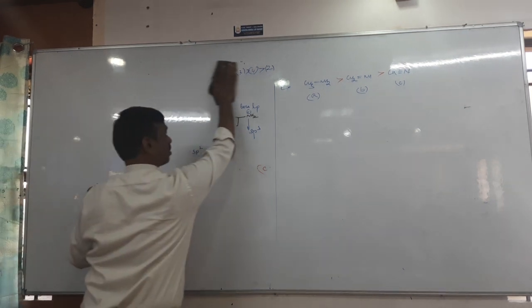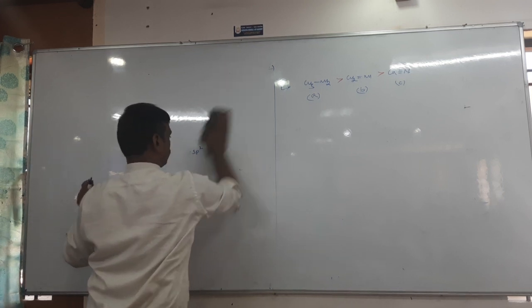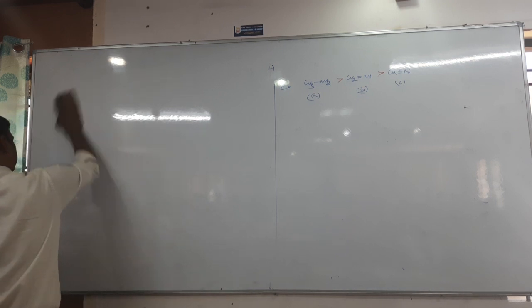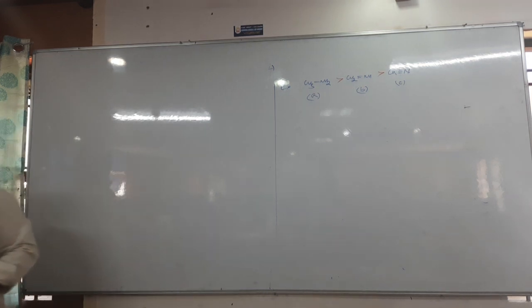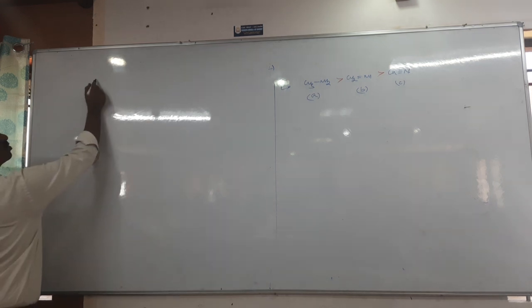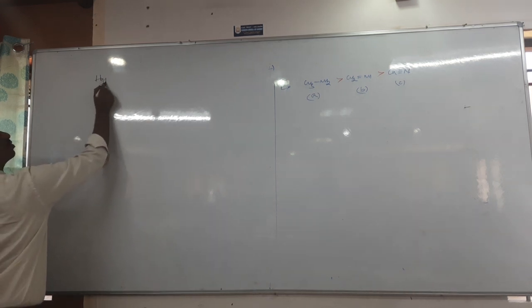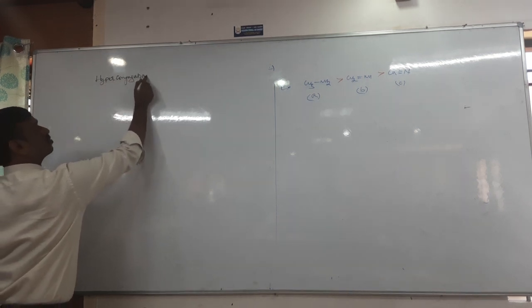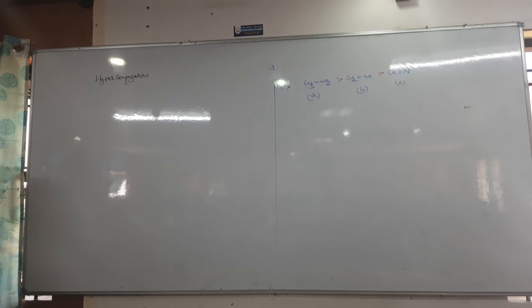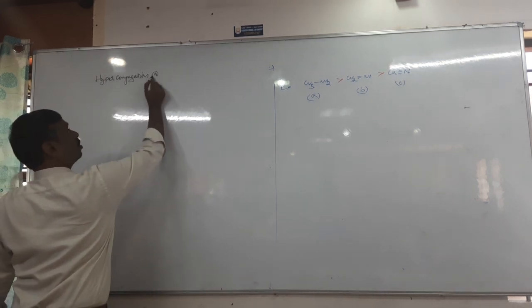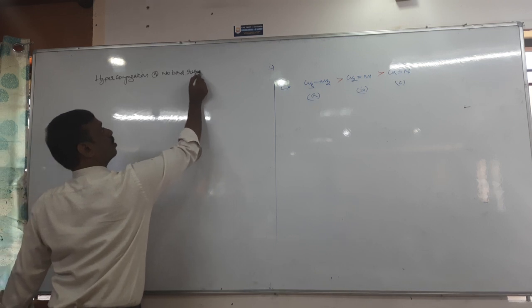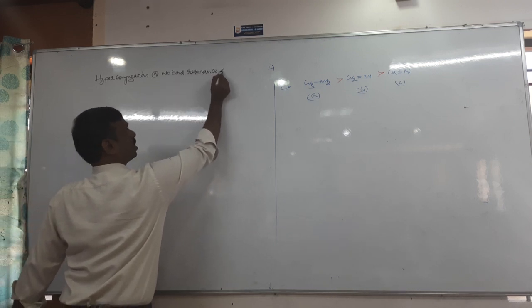In mesomeric effect, this is the last application, no? Okay. So next is hyperconjugation. It is also called no bond resonance.